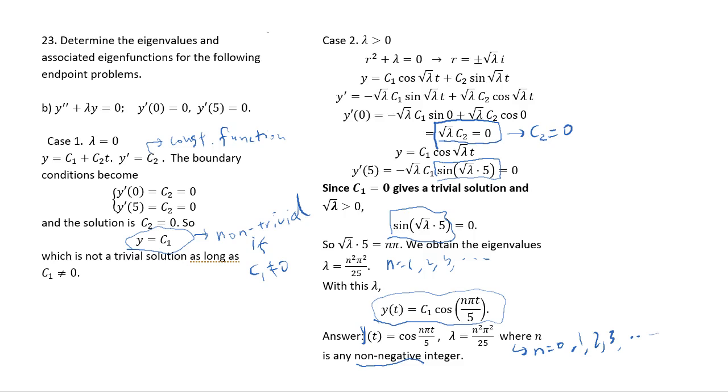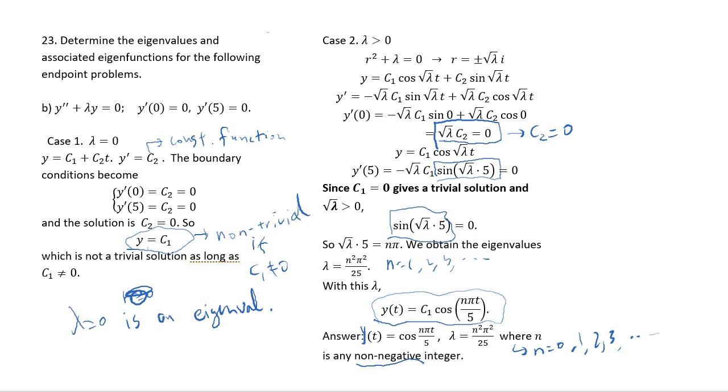If there is an eigenvector, since this is non-trivial, we can think of this as an eigenvector. And if this is an eigenvector, then lambda equal to 0 is an eigenvalue. And that's why when n equals 0, you should take this as one of the possible eigenvalues.